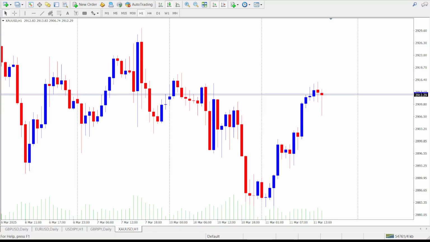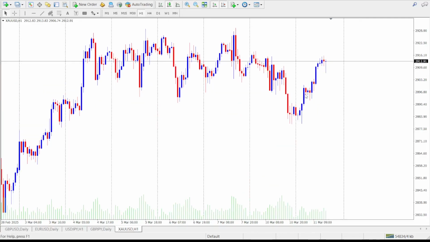So, what exactly is price action? Simply put, it is the study of how price moves over time. When traders analyze price action, they look at candlestick formations, trends, and market structure rather than relying on external indicators. So price action is universal.